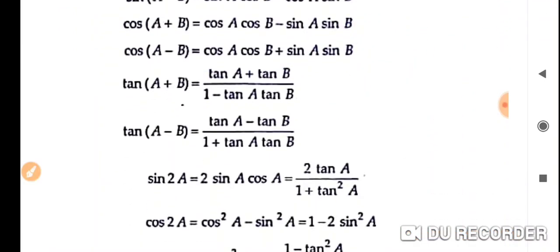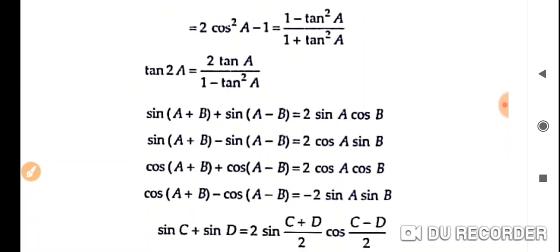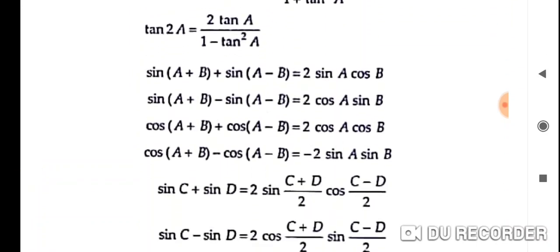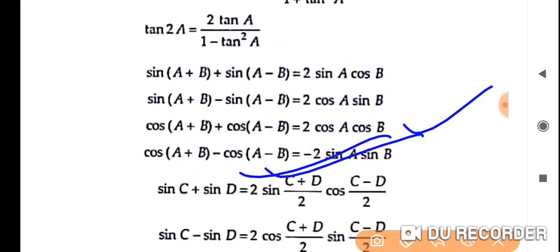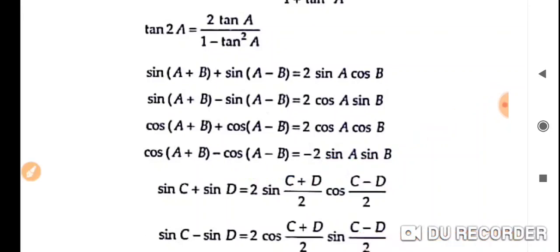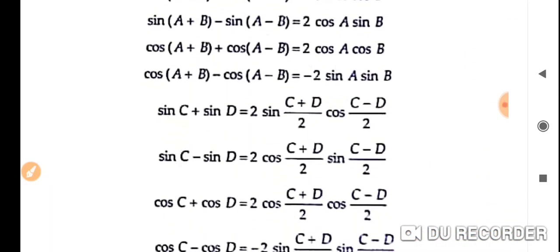Is it clear? 2 cos A cos B. And if you take the difference of those two expressions, the result finally comes, on simplification, to minus 2 sin A sin B. Proceeding further, sin C plus sin D is equal to 2 sin((C+D)/2) cos((C−D)/2).